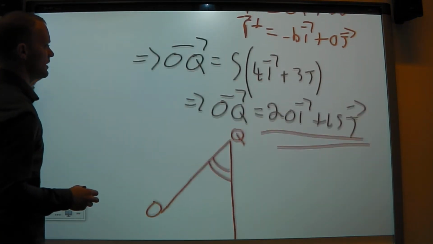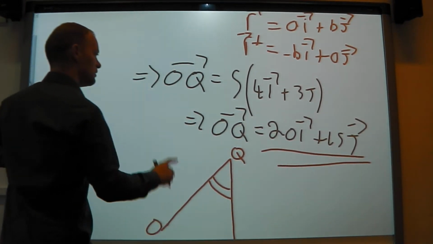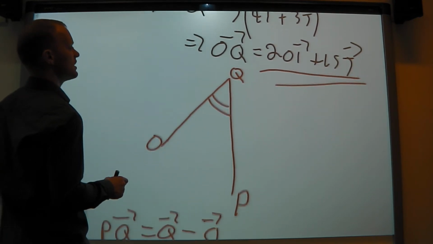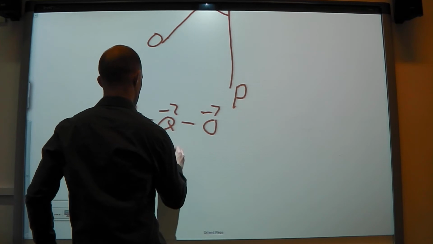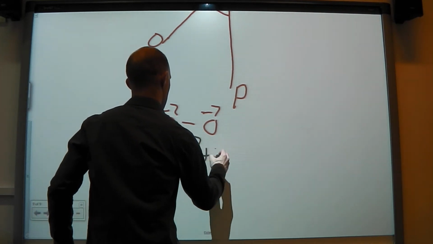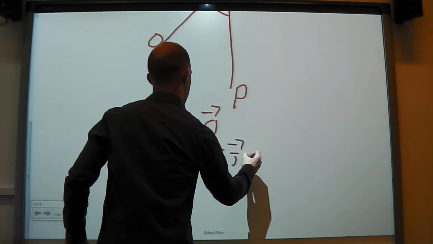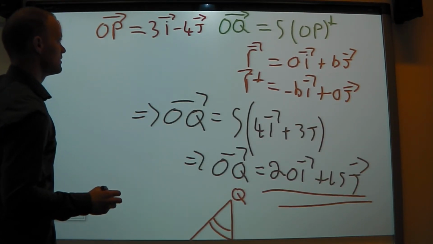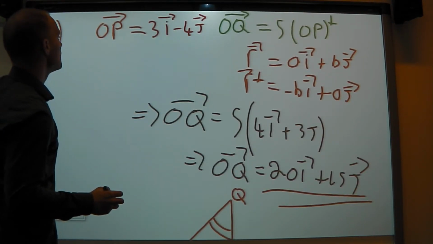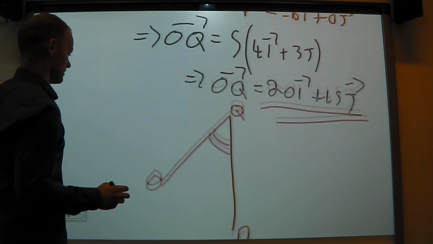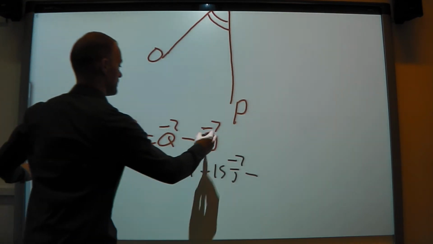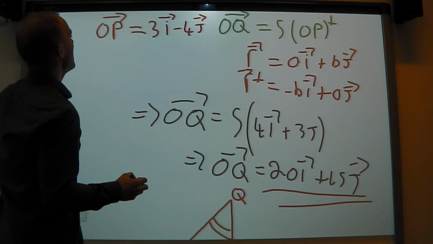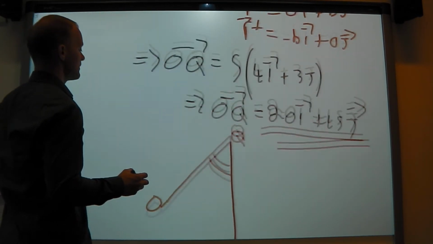So the q vector is equal to 20i plus 15j minus the p vector, sorry, yes, PQ, minus the p vector there, which is 3i minus 4j, which is negative 3i plus 4j.